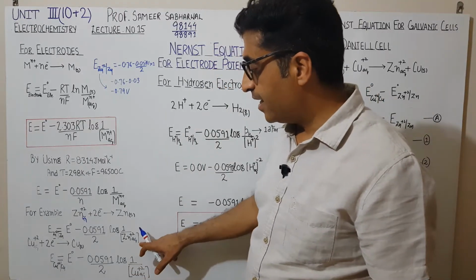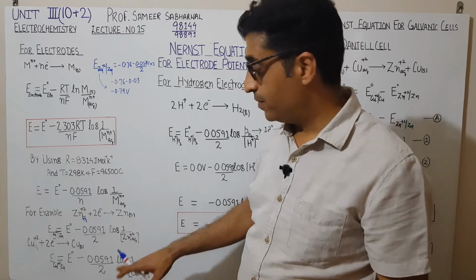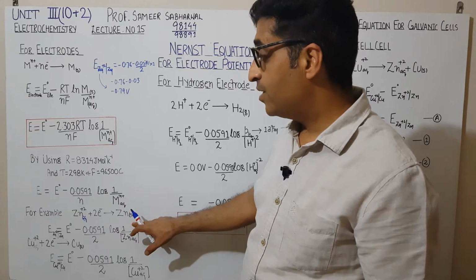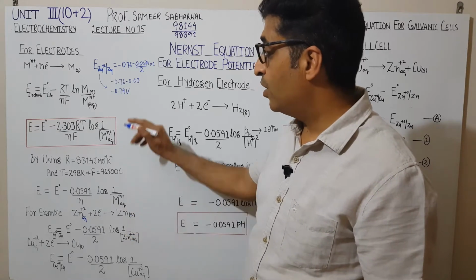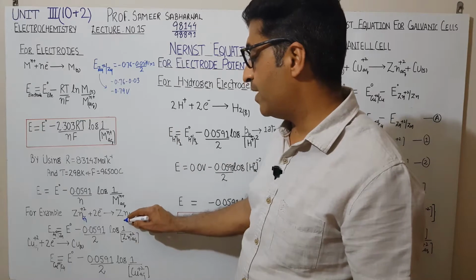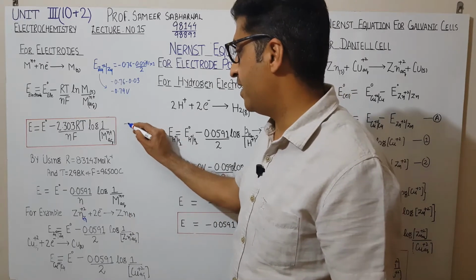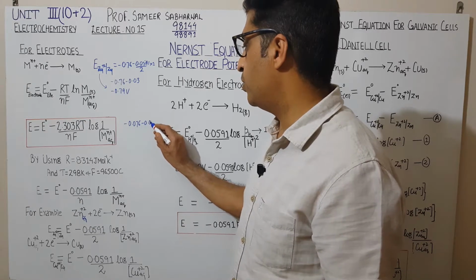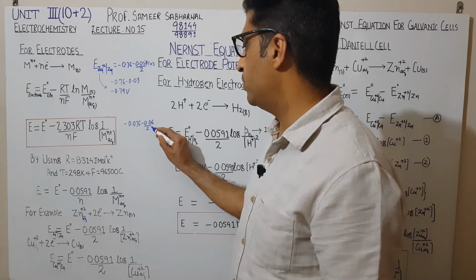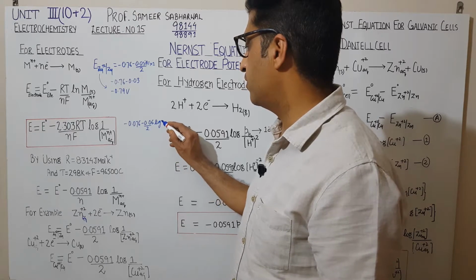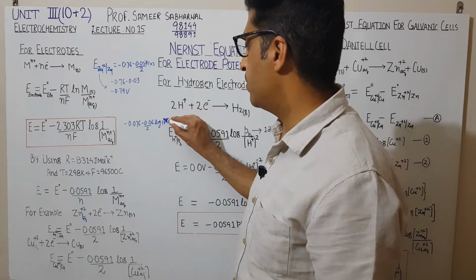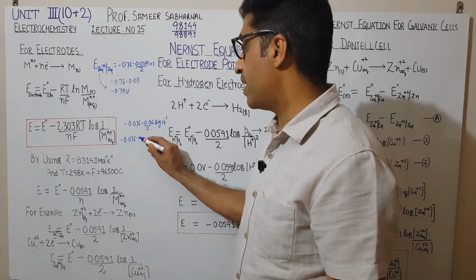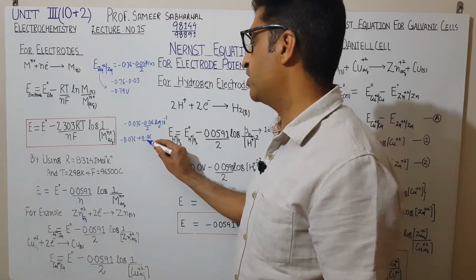Exactly. If I make this value 10 molar, what will happen? Log of 1 by 10, the 10 comes up as 10 raised to power minus 1, so log of 10 raised to power minus 1, right? Do you understand? Minus 0.76 minus 0.06 by 2 log of 10 raised to power minus 1. So this becomes minus 0.76 plus 0.06 by 2, that is 0.03.